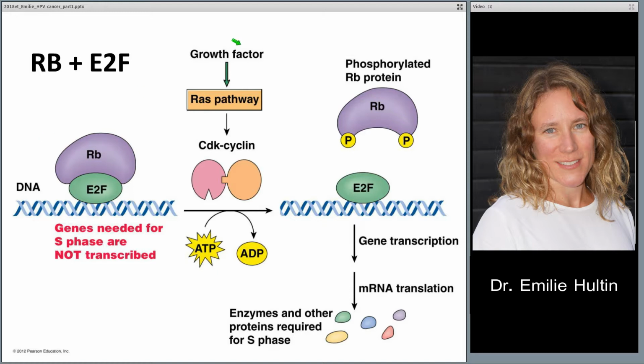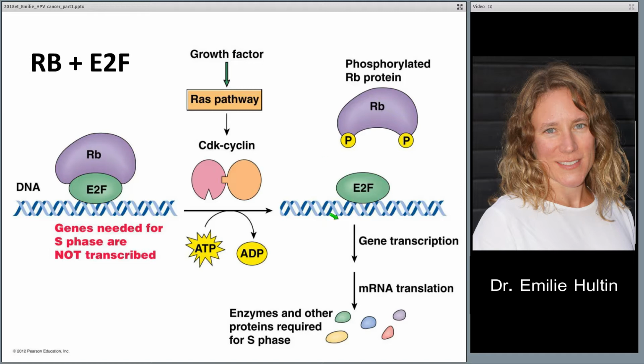However, when growth factors bind to the cell surface, it activates the RAS pathway and activates the cyclins to be transcribed. And this also releases phosphate groups. So after that, this RB protein is phosphorylated and cannot bind anymore to the transcription factor E2F.